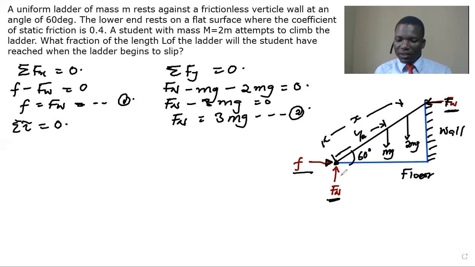The remaining forces are the weight of the ladder, the weight of the student, and the normal force the wall is exerting on the ladder. So we have the normal force and the perpendicular distance from this point to where this normal force is.